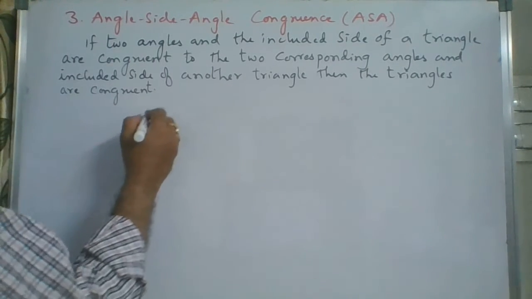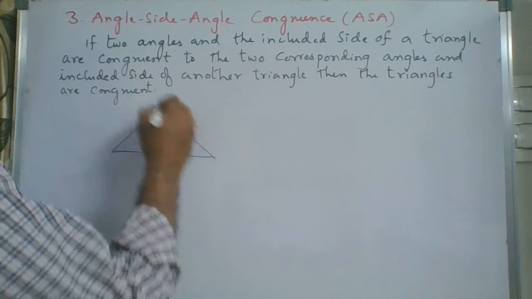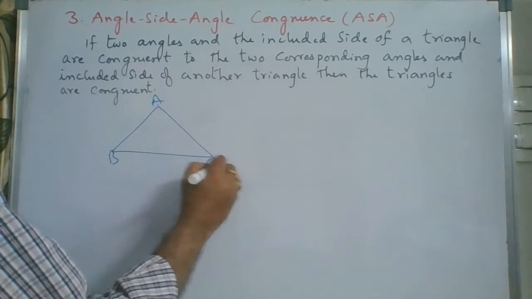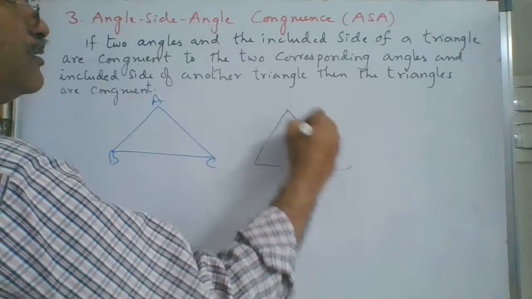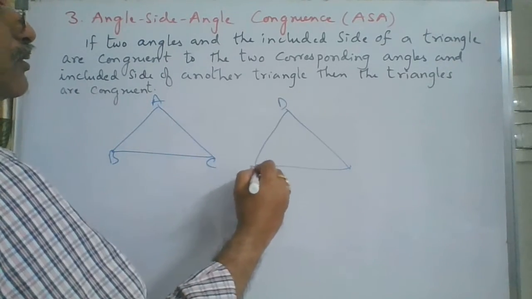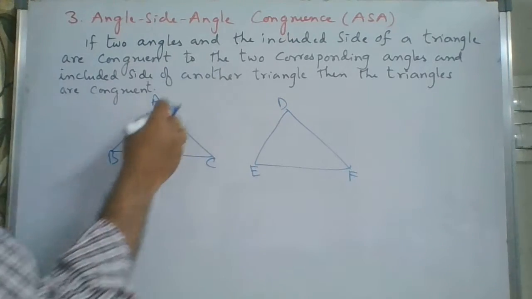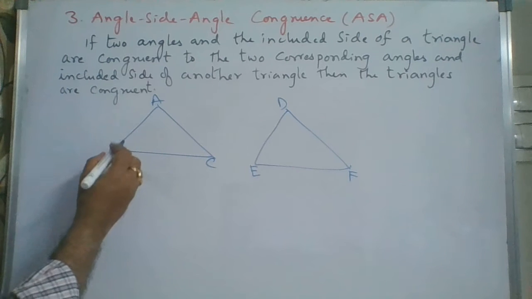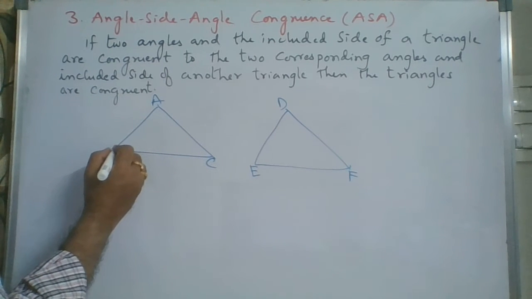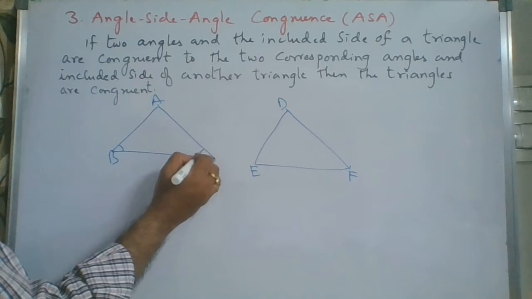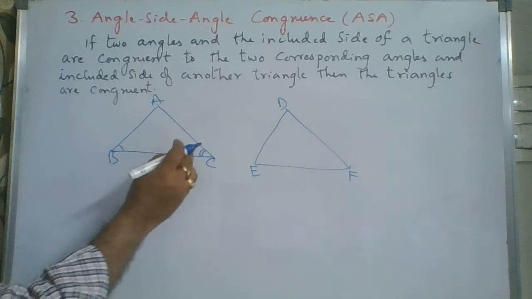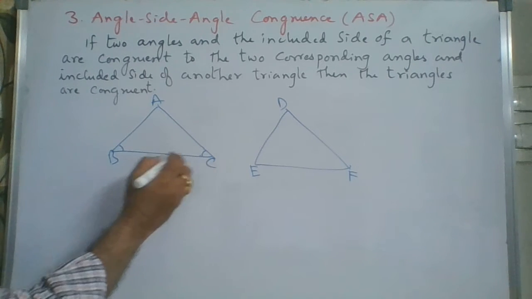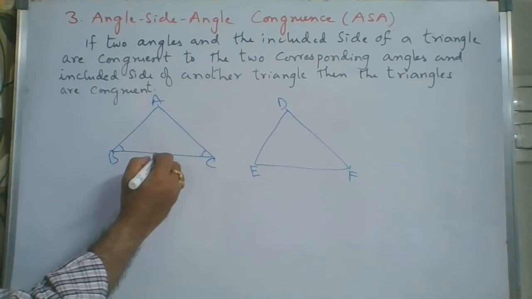Suppose there are two triangles ABC and DEF. According to the definition, two angles means suppose these two angles, and the included side means this side.